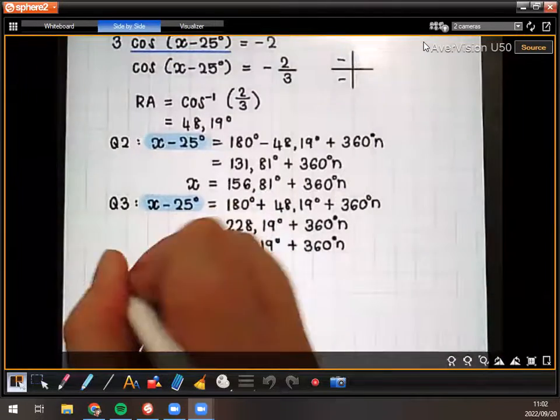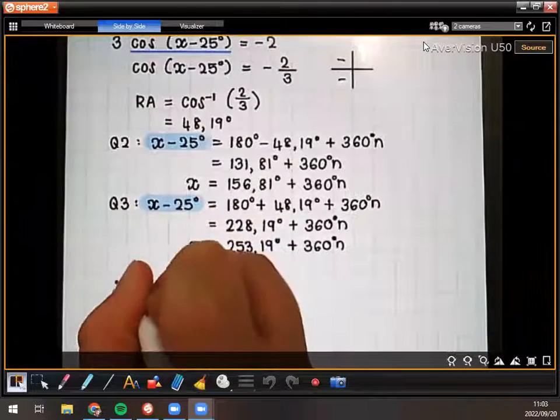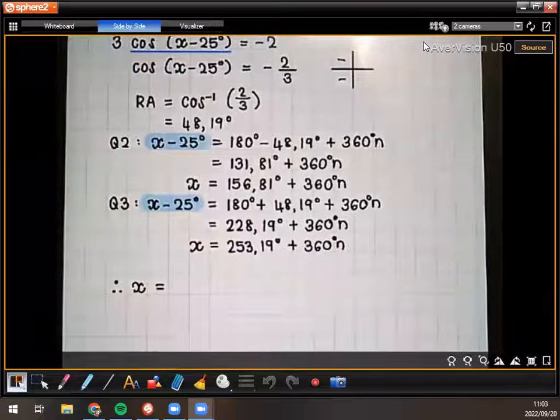Okay, so we're going to say, therefore, x is equal to, I always start by making n equal to 0 in the two equations, right? Then I'll make n equal to 1 in the two equations. If it's too big, I'm not going to move on to 2. Then I make n equal to negative 1.